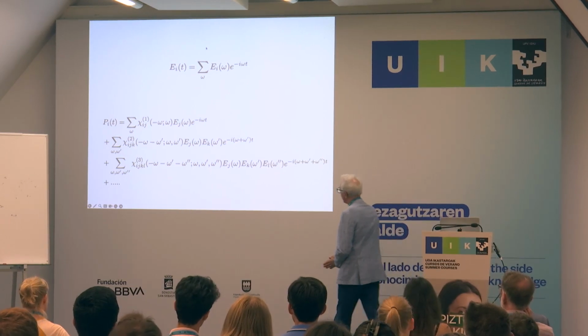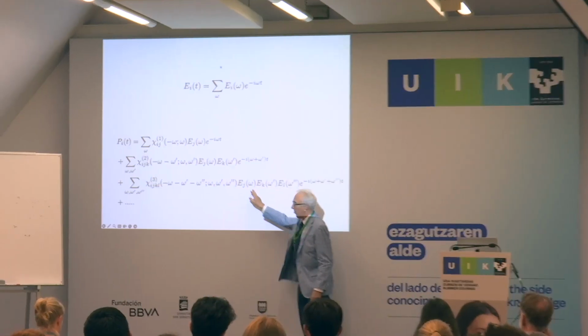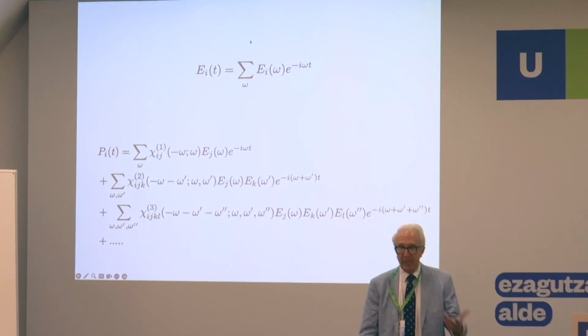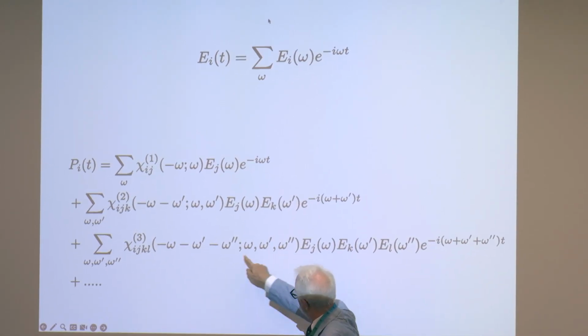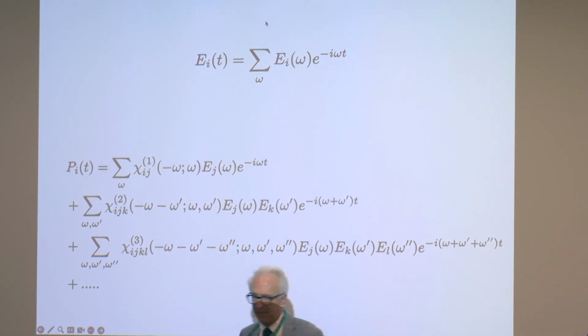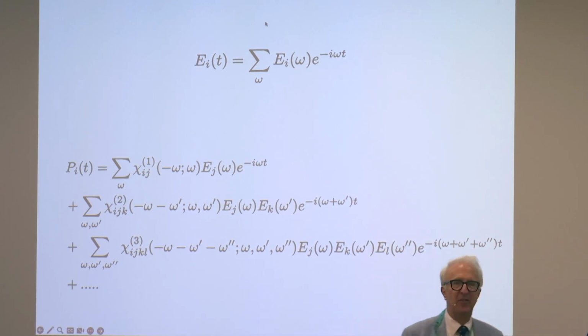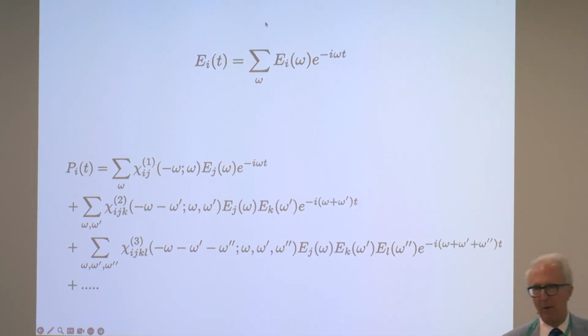There are a number of frequencies here, three of them, for example, in the chi3 term. Okay, and they're denoted here, and then the semicolon, and before this is the negative of the sum of those frequencies. Now you say, well, that's a really annoying thing to do. Why do you do that? Okay?